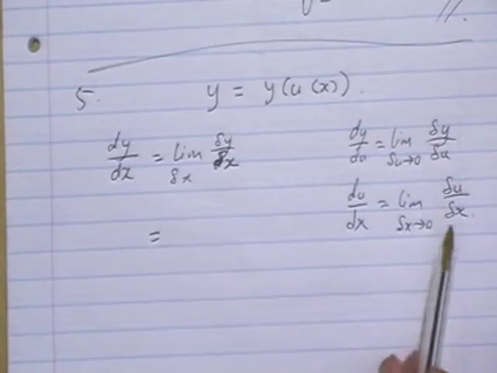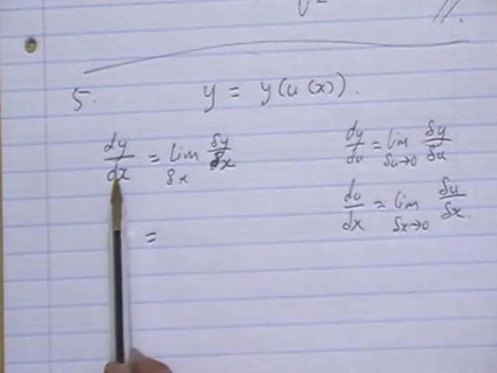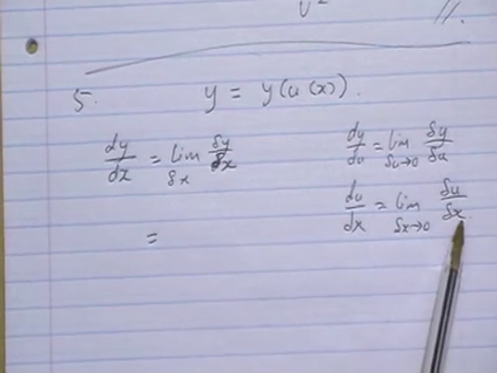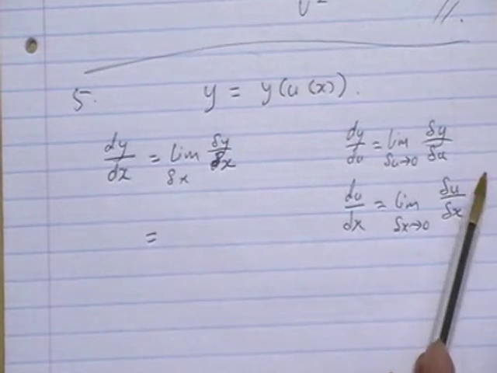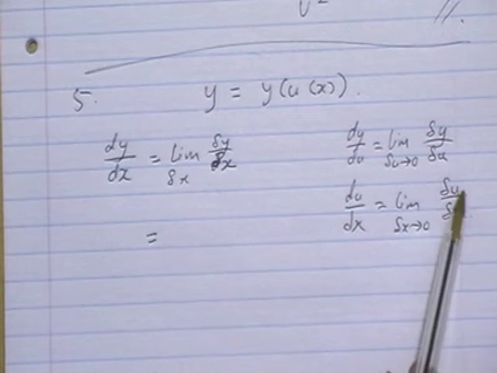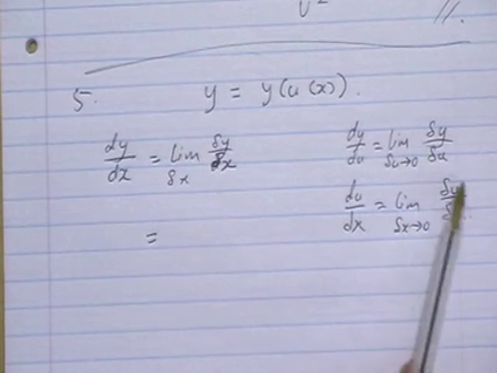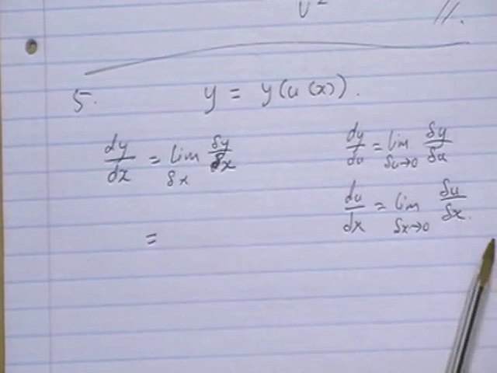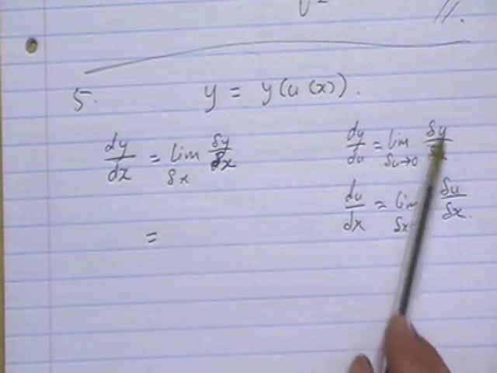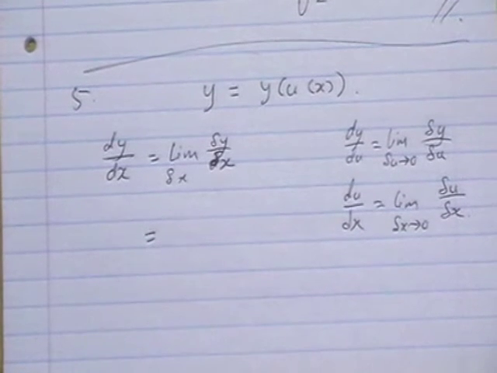So let's think about multiplying those two. Why might we get this if we multiply those two? Right, because we have delta u in the denominator here and delta u in the numerator. So maybe, just maybe, they cancel and you're left with delta y over delta x. So that gives us a good idea how to do the next step.